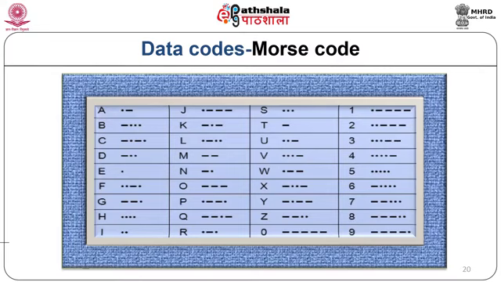The transmitter switches the carrier signal on and off to produce dots and dashes. The table in the slide displays Morse telegraph code. As we can see, alphabet A is represented by a single dot and single dash. Alphabet B is represented by a single dash and 3 dots, and so on.